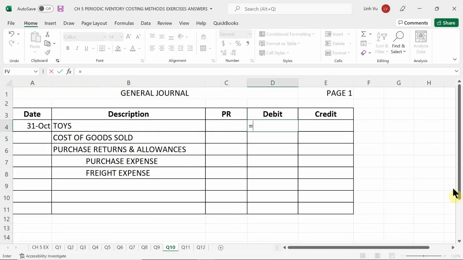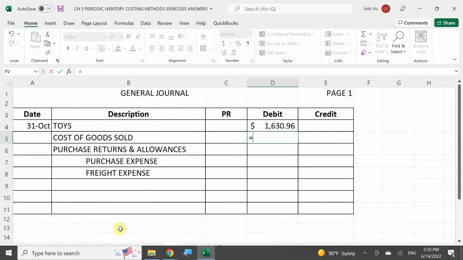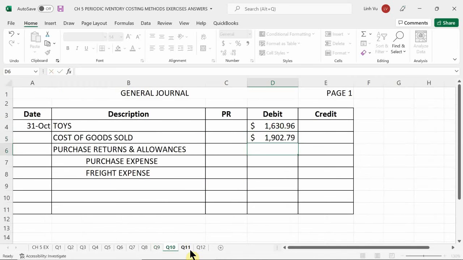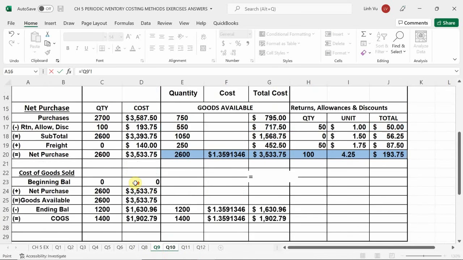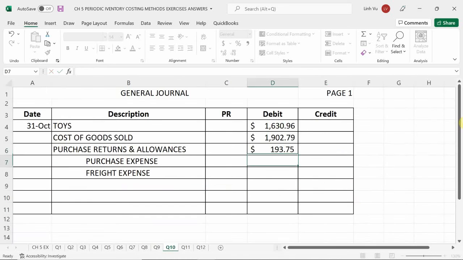So what was the total value of my ending inventory? $1,630.96. Okay. What was the total value of my cost of goods sold? 1902.79. Okay. What was the total value of my returns and allowances? 193.75.